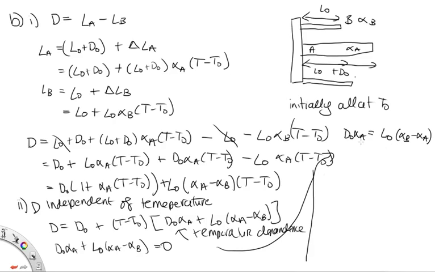And we're asked in the question to find D naught on L naught. So D naught on L naught is equal to alpha B minus alpha A over alpha A. So this is equal to alpha B over alpha A minus alpha A over alpha A, which is minus 1. And so that's the answer to this question.